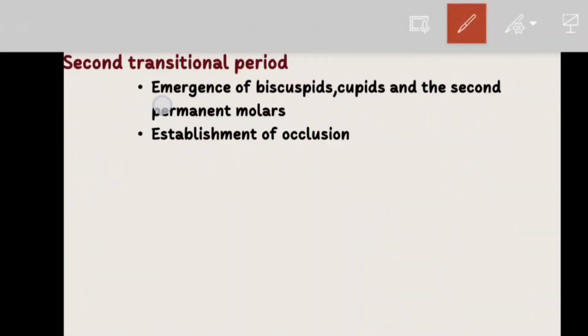Now the second transition period, where we get the emergence of the bicuspids, that is the premolars, the cuspid, that is the canine, and the second permanent molar, and the establishment of the occlusion. Okay.